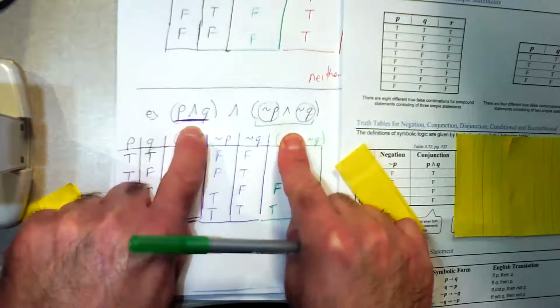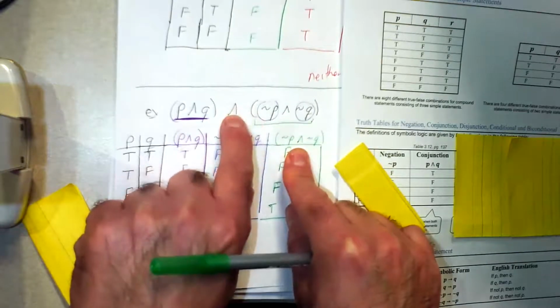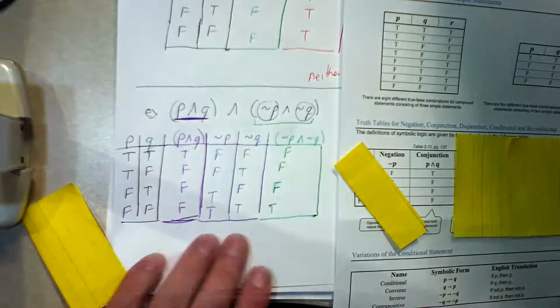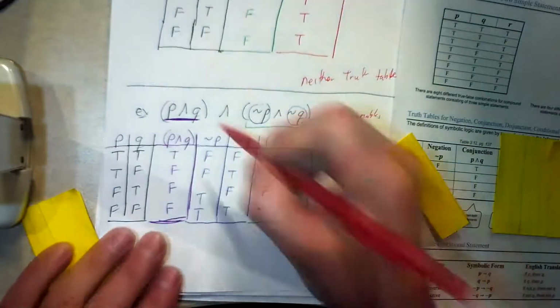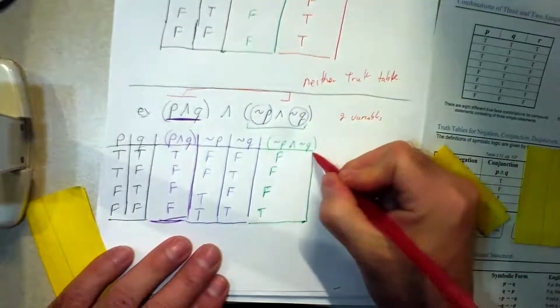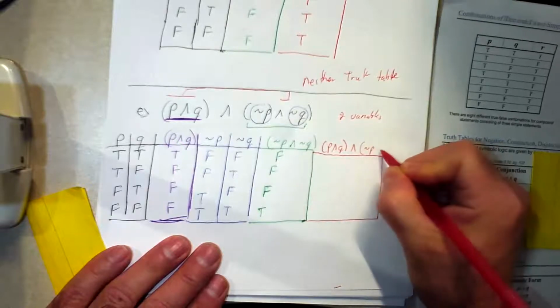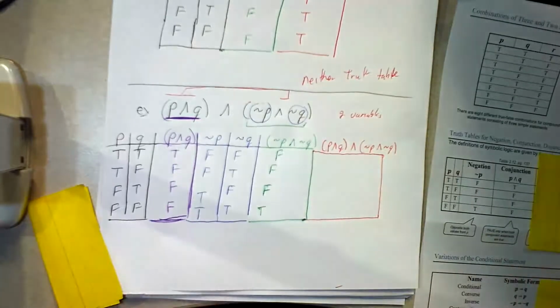Now what I have to do is perform the connective with these two groups. I got to do the and again. So now I got to do the whole thing. That whole thing. So I got to make a last column. And I want to do P and Q and not P and not Q. Right.